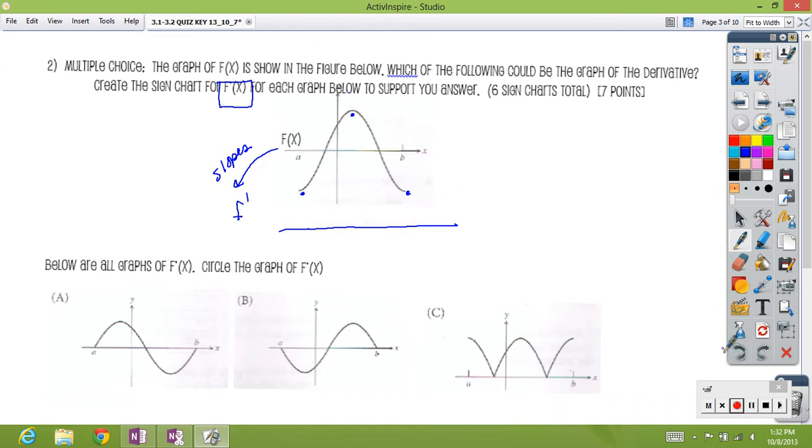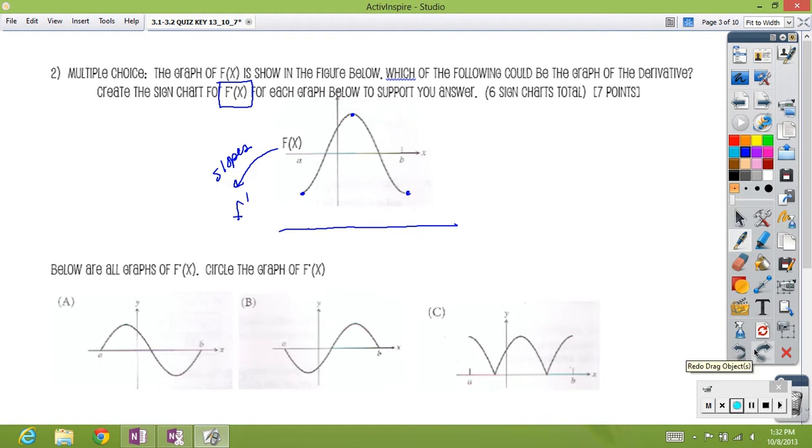Sorry, guys. There we go. Alright, so my horizontal tangent here, here, and here. This is A, this is B, 0, 0, and then in terms of my slopes are positive, and then my slopes are negative. So now I need to do the graphs below.